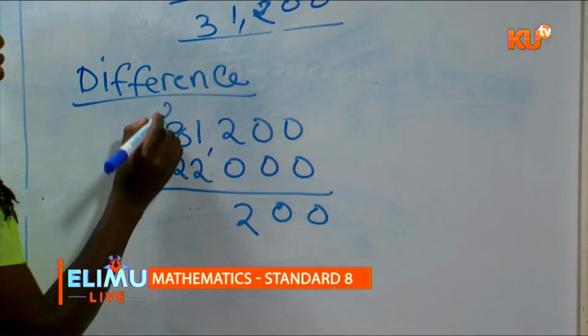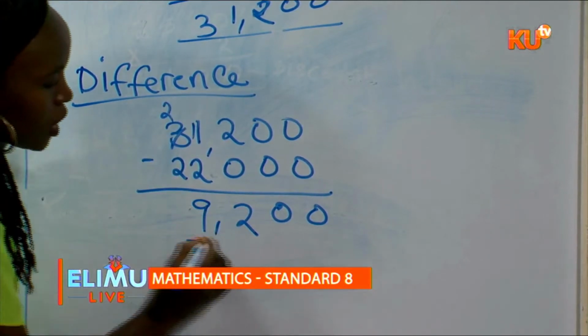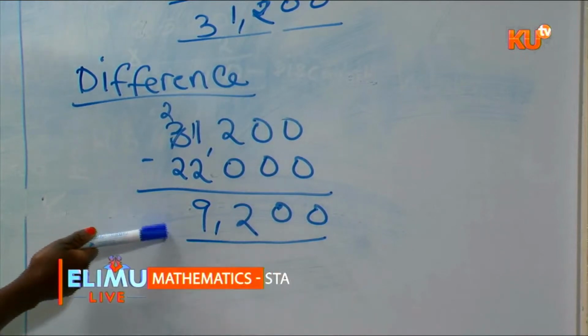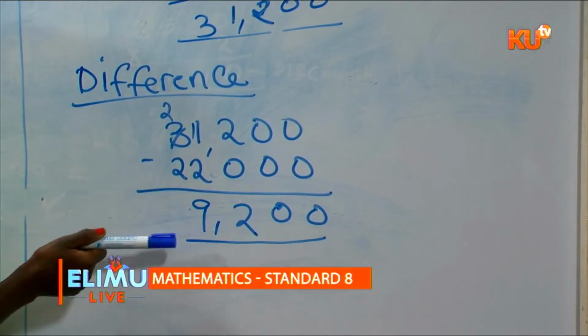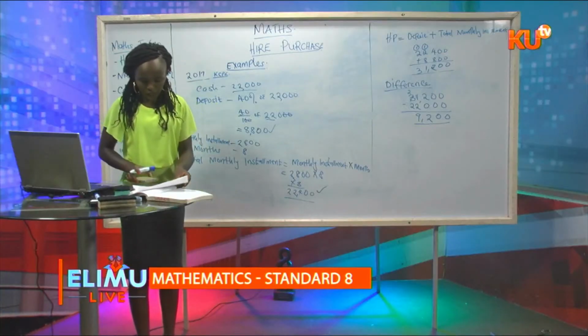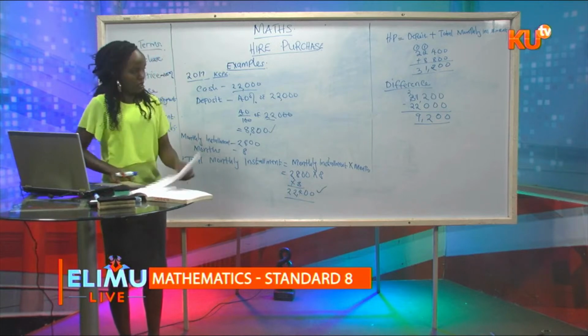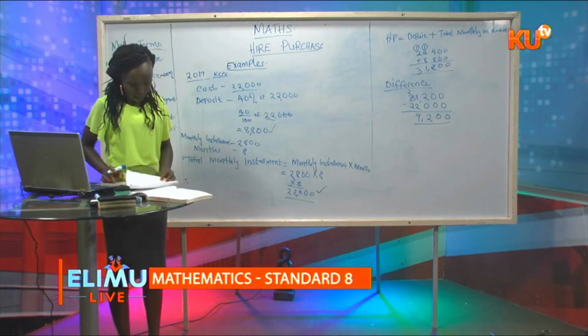We borrow 1. This is 2, 11. 11 take away 2 is 9. So she paid 9,200 above the cash price. You can see the hire purchase is always higher. So she paid 9,200 above the cash price.